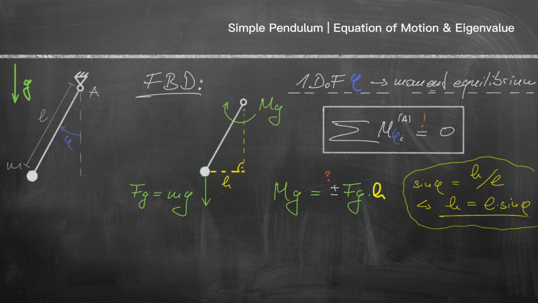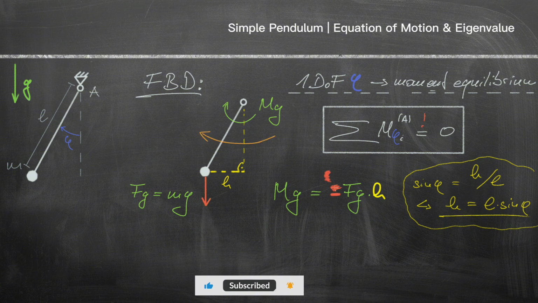Now, if we imagine that the pendulum is deflected in the positive phi direction, we obtain a positive h. But the downward directed gravitational force then produces a negative moment for a positive phi, meaning it acts opposite to the defined positive moment direction. Therefore, the sign is negative and we obtain Mg is equal to minus Fg times h.